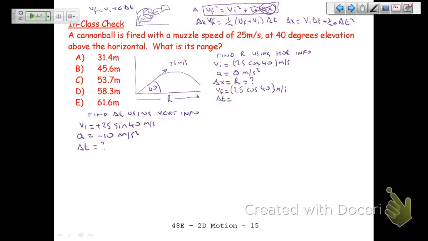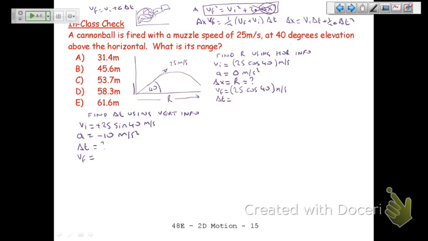I don't know what the height is, so I can't start my journey here and end it here. If I start it and end it at the base, my Y displacement will equal 0. But the almost obvious way to do it is you say final velocity, VF. You have two choices. Remember, I'm looking at the shadow.